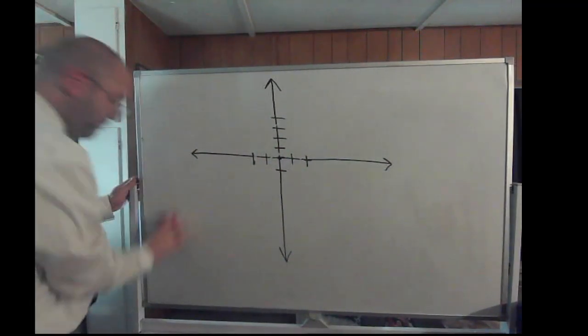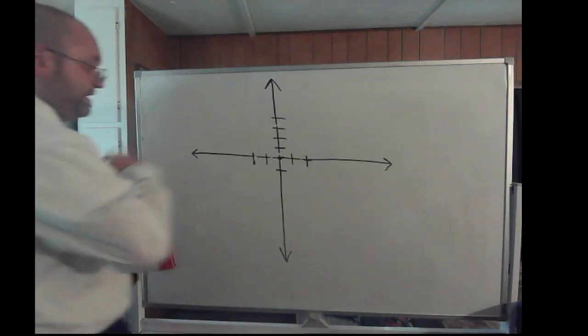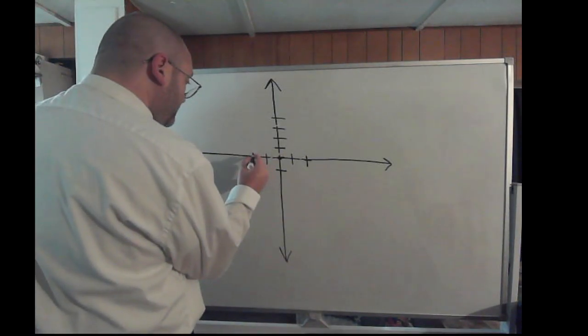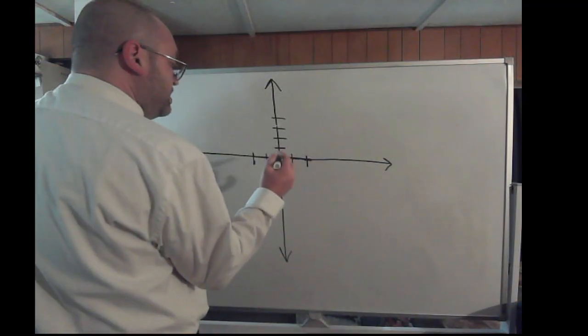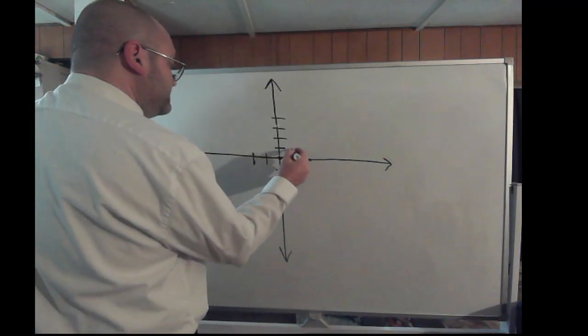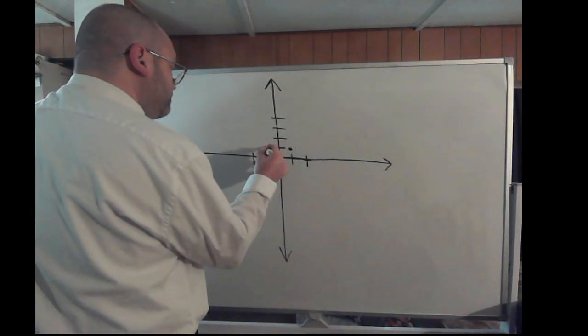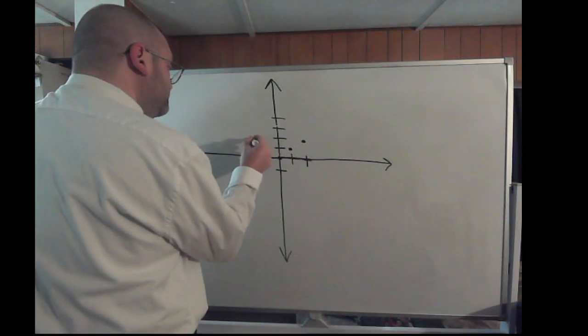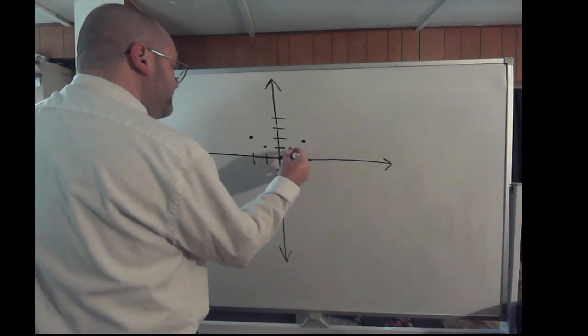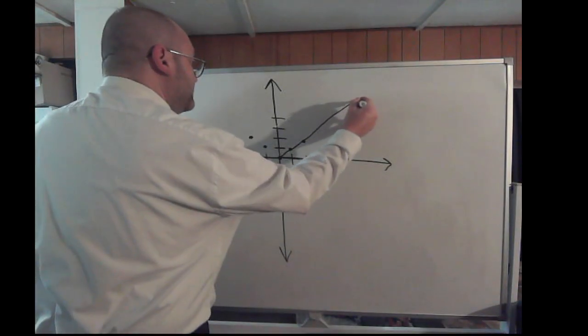Alright. Let's see here. What if we do 0, 0, 1, 1, negative 1, 1, 2, 2, negative 2, 2. What if I have a graph of something like this?